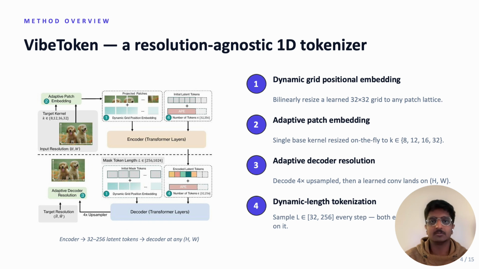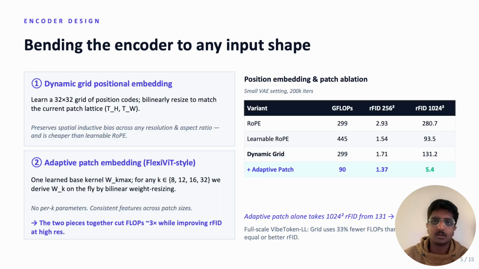And to make this happen, we propose the first resolution-agnostic 1D tokenizer, VibeToken. Existing 1D tokenizers are built on top of transformer-based encoder-decoder layers, but these transformer layers are not very supportive of arbitrary resolution and aspect ratios. To address this, we improve four different aspects of this architecture.